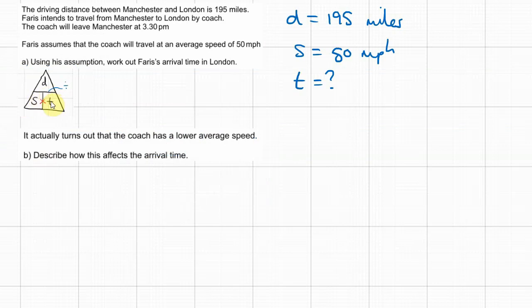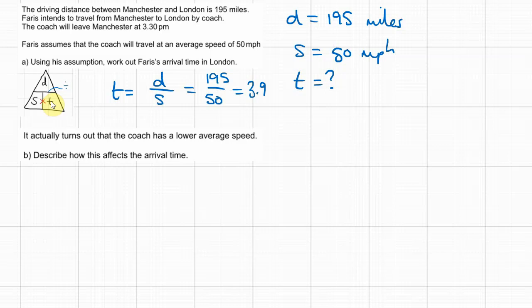We need to do, so time equals distance divided by speed. So I need to do distance 195 divided by 50. That's going to get me 3.9.